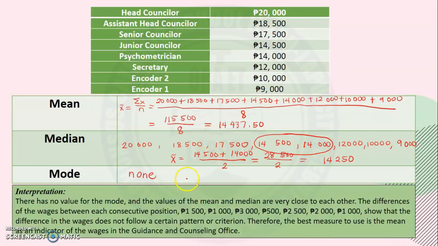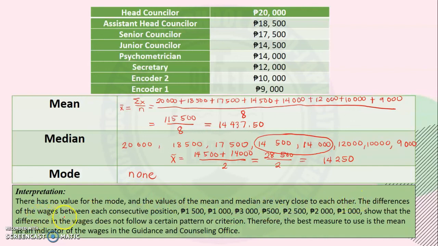Now let's try to answer the question: what measure will best describe the given data? Since there is no value for the mode, we cannot choose the mode anymore, and we are left with mean and median. As you can see, the values of the mean and median are very close to each other.